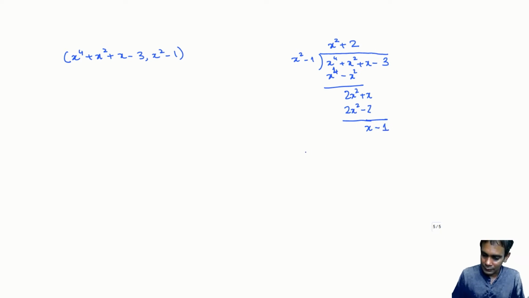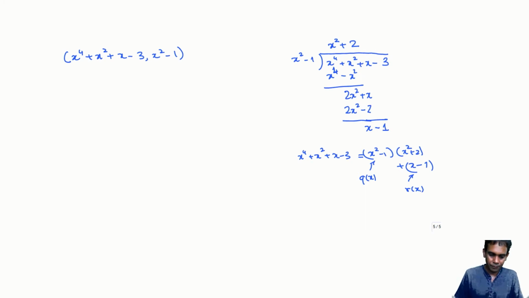So what we get is x to the power 4 plus x squared plus x minus 3 is x squared minus 1 times x squared plus 2, plus x minus 1. So this is q(x) and this is r(x).